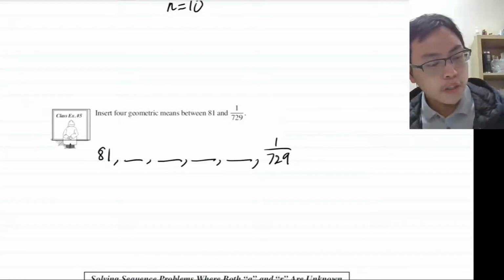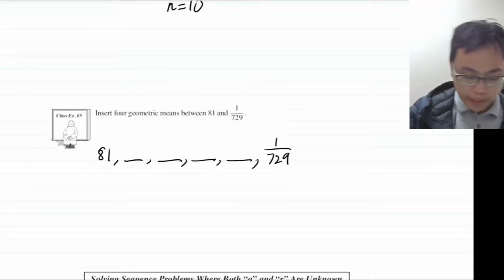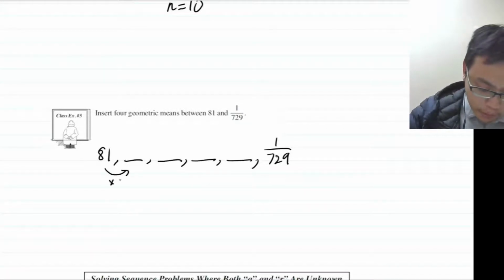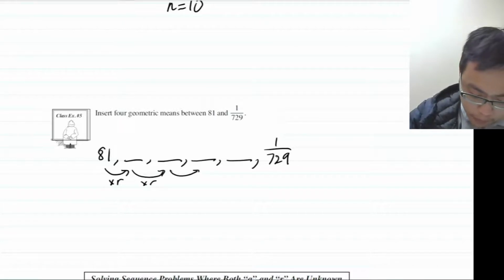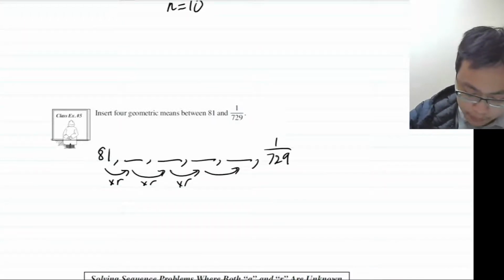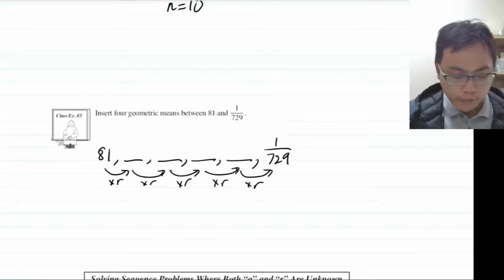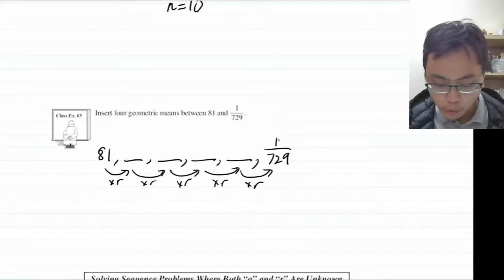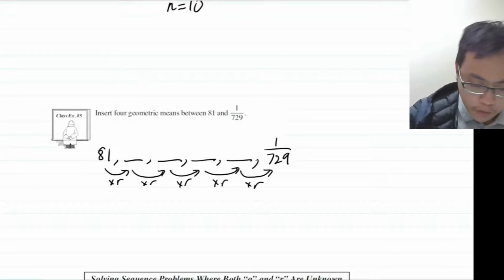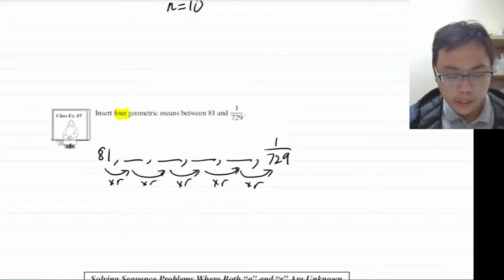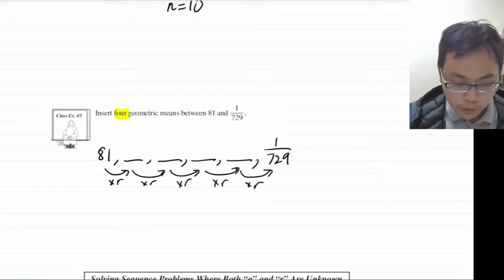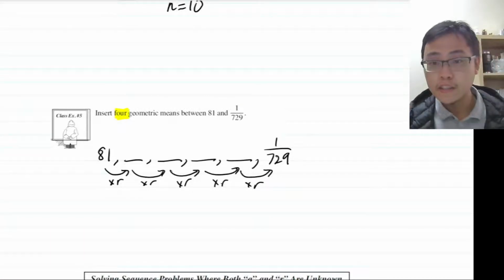By geometric sequence, it means that every single time I'm going to multiply by the same ratio r, and multiply by the same ratio r again and again. So from 81 to 1 over 729, even though the question says 4 geometric means, we're actually multiplying by r 5 times.